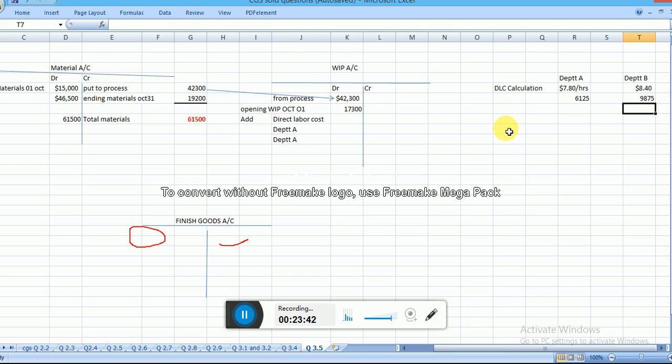So now we can find out easily the direct labor cost. The formula is, look at, per hour rate multiplied by number of hours.